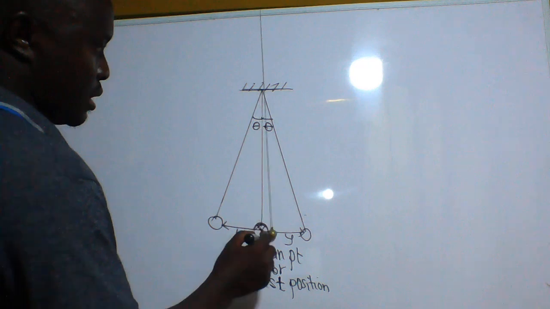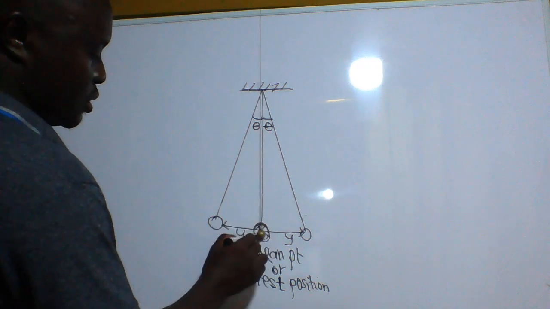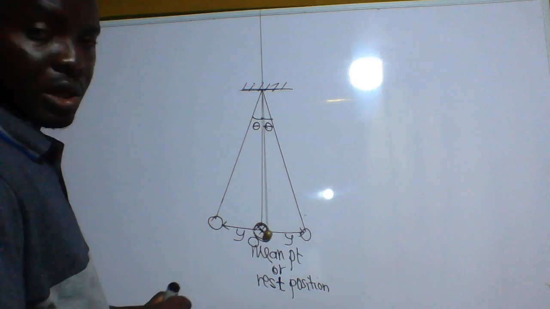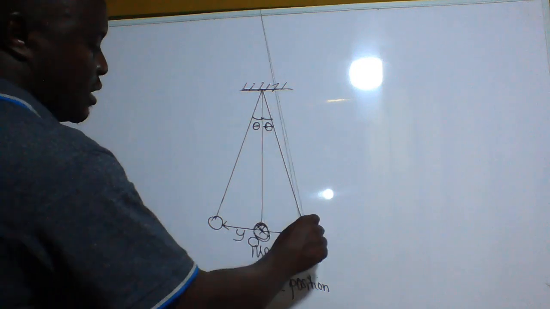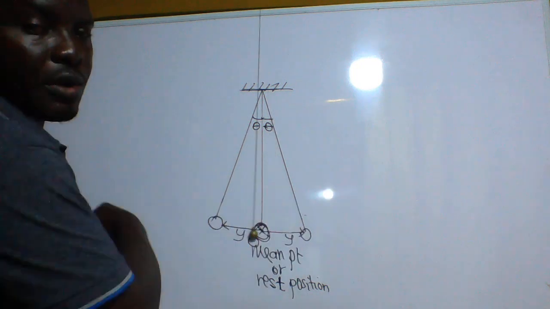Let's label the fixed point O. So when the object is given a small angular displacement, it moves to and fro around the fixed point O.